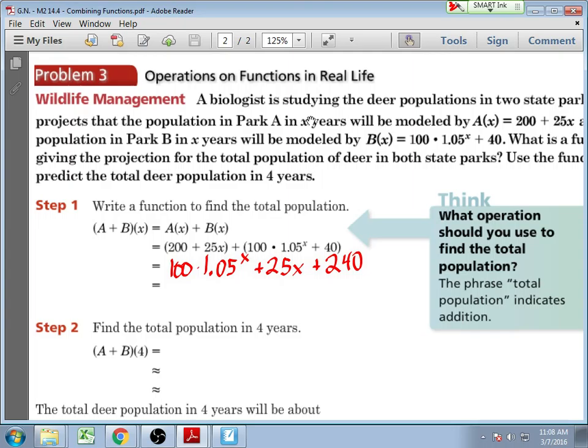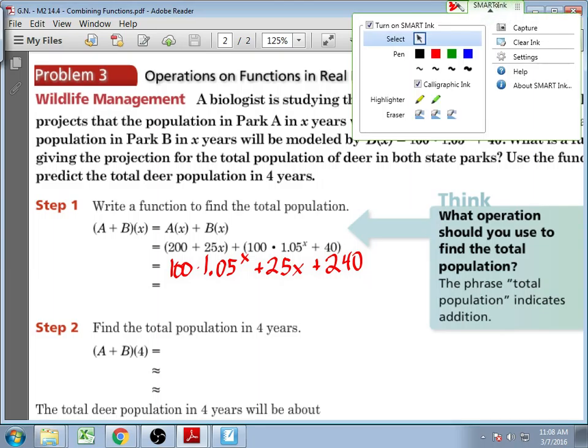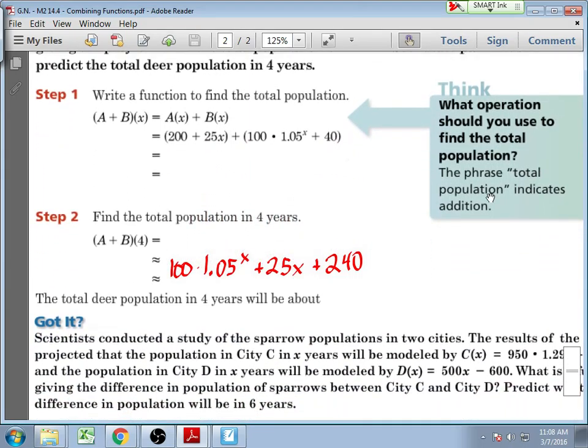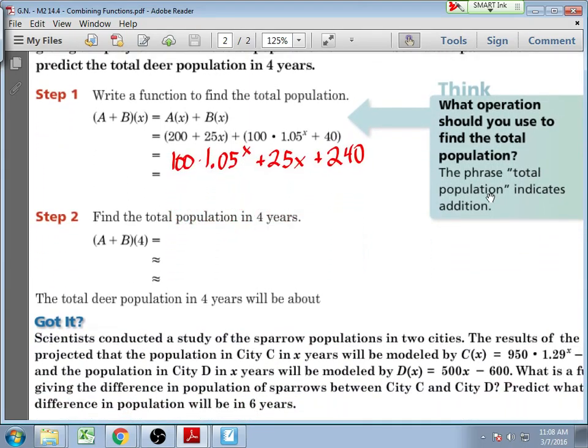So obviously I combined my 200 and my 40. Then when we plug in 4, and I jumped the steps, that's why we really only need to write one thing right there. When I plug in 4, I'm going to take that function that I just wrote and just replace every x with a 4.